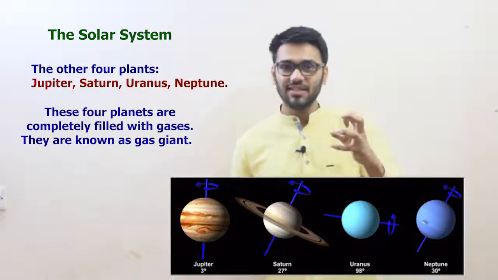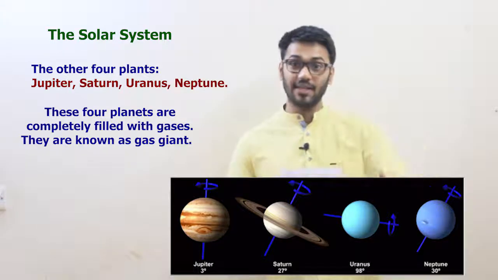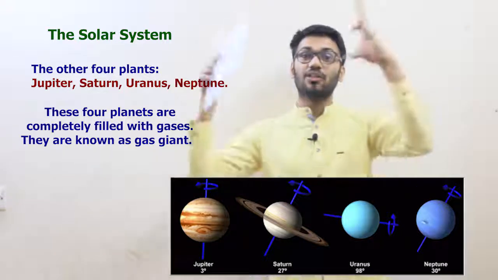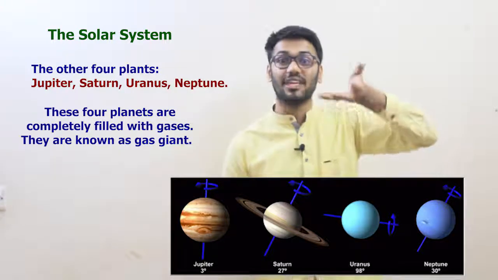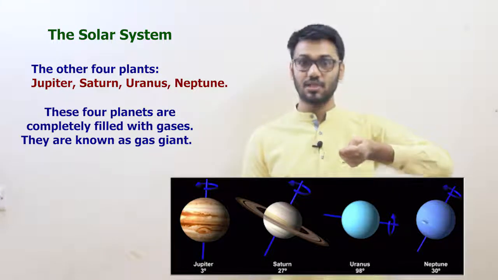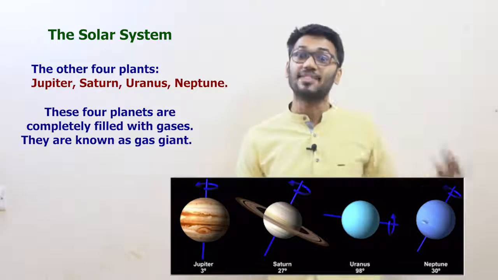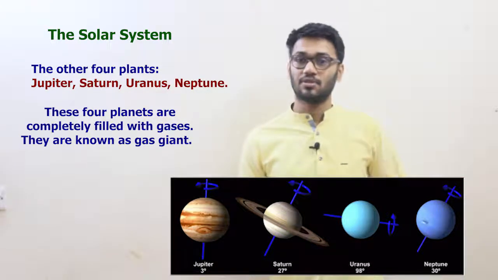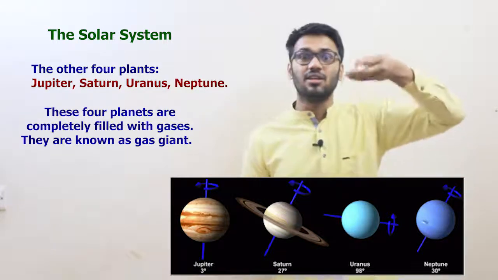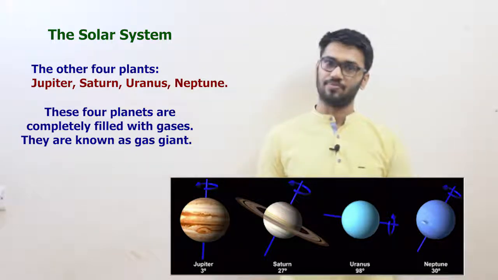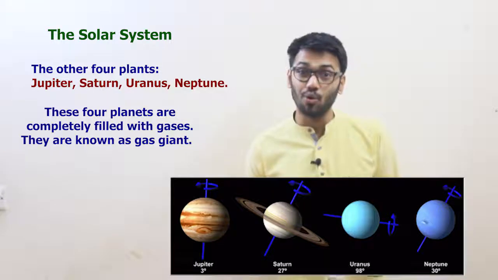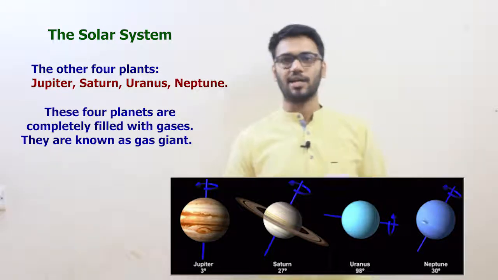So basically these 4 planets have an atmosphere, or even the outer surface is made of gas. It's not like our Earth with the sand we have. Rather, it is gas in the form of a solid. That's why they are known as gas giants.